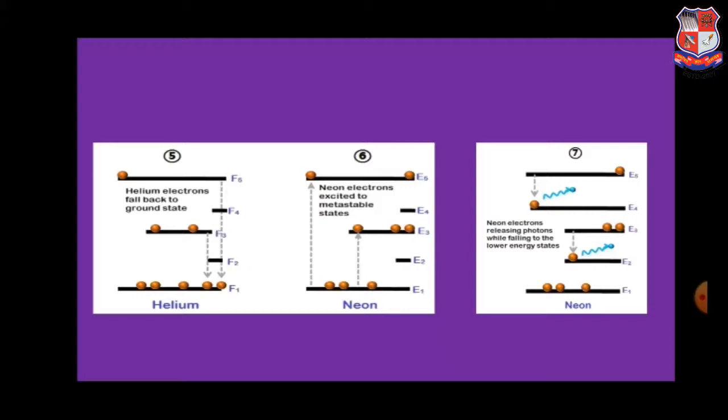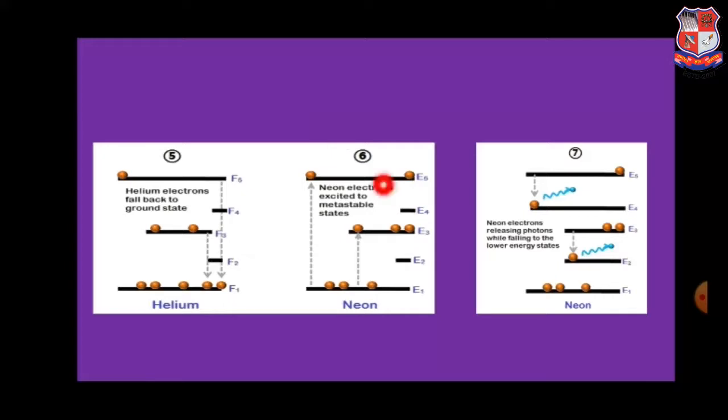But due to the low pressure of neon, for the high reflectivity concept, we have suggested neon for excitation of electrons, and in the last process neon electrons release photons while falling to the lower energy states. In the case of helium atoms, the energy released by the traveling of electrons from higher energy to lower energy state was utilized by neon atoms to travel to the excited state.